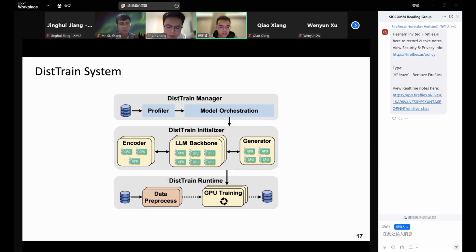Next, the initializer executes the plan that the manager just made. Unlike a monolithic setup, it initializes the encoder, backbone, and generator as 3 independent parallelism units, each with its own communication groups.